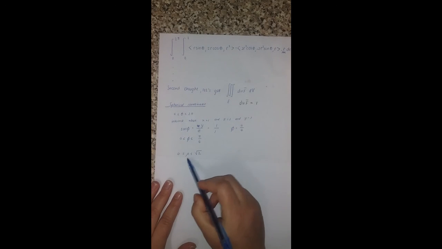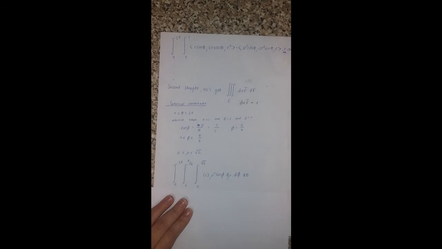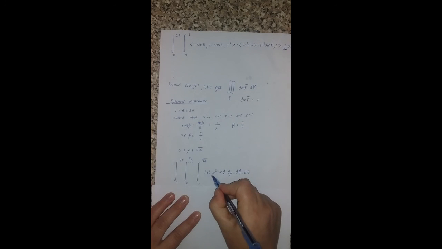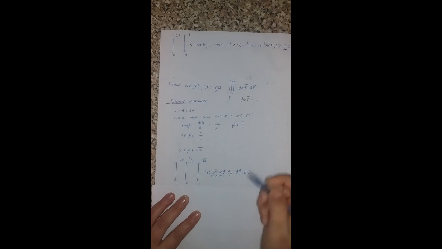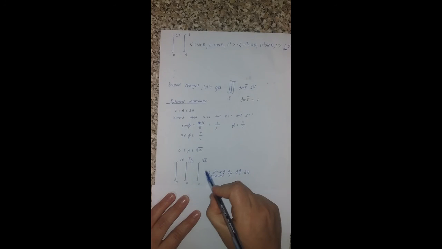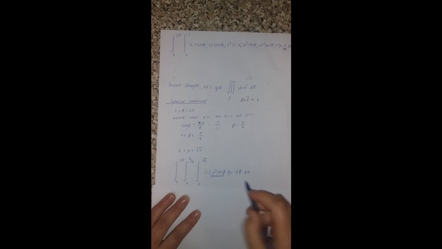So then you have rho in between 0 and square root of 2. Now, since you have your boundaries, you add in this integrating factor that you get. And since the divergence of f is 1, you just add that in, d rho, d phi, and d theta.